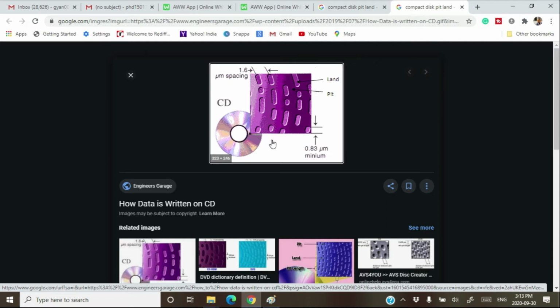What happens here is you have a laser. Using the laser, you burn the disk surface. When you burn the disk surface, this cavity is called land and this one is called pit. So on your disk, you have various pits and various lands.